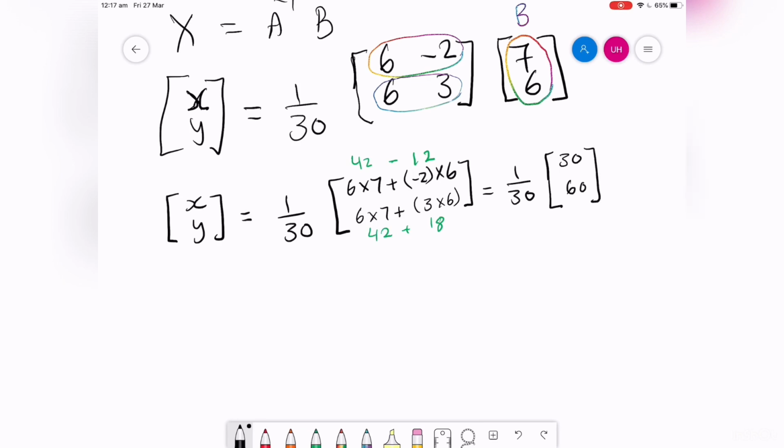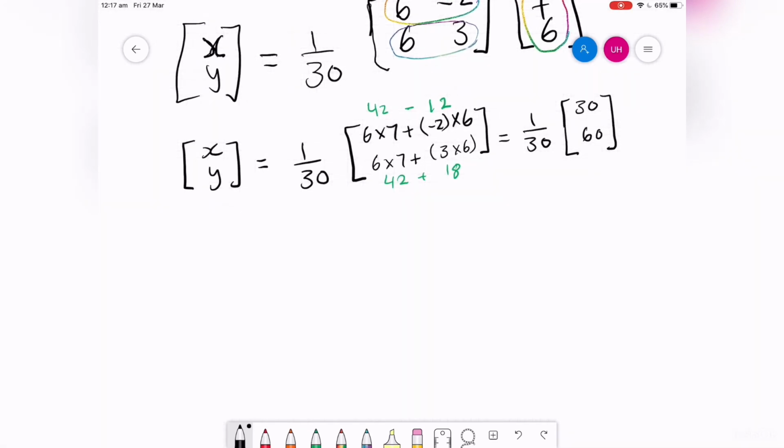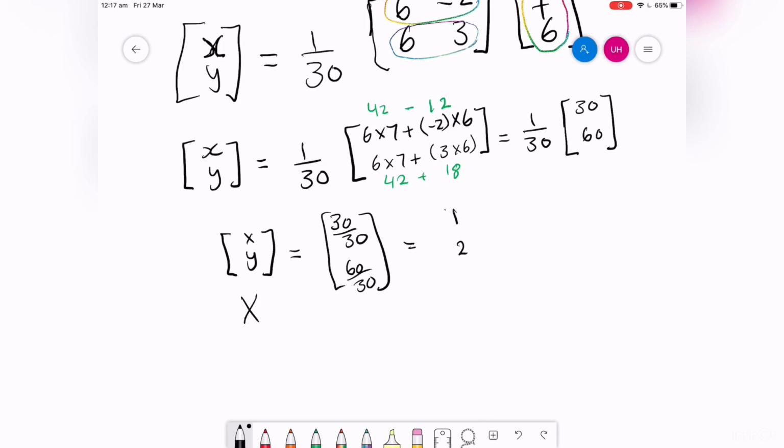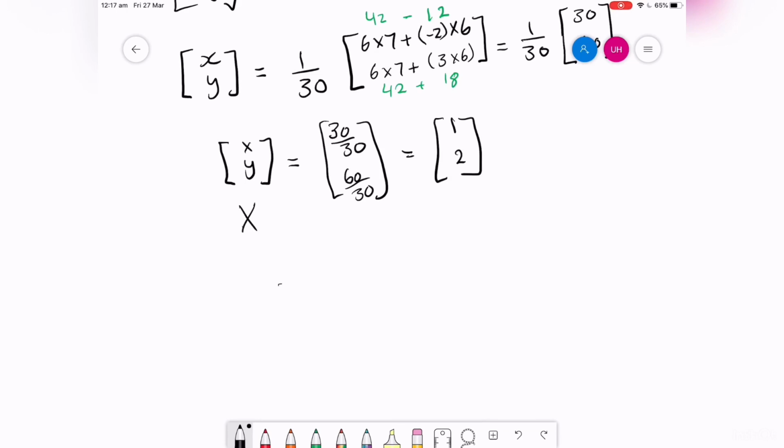So now this means the matrix X equals 30 over 30 and 60 over 30, and that's 1 and 2. So that means x equals 1 and y equals 2.